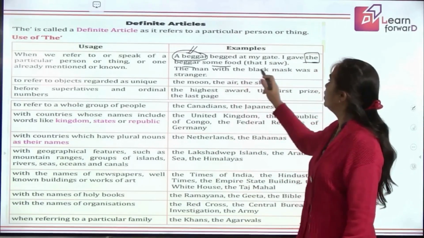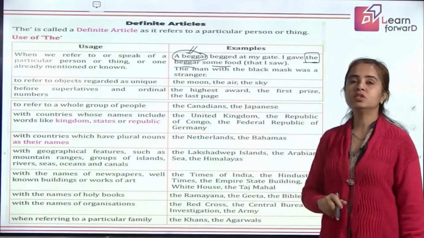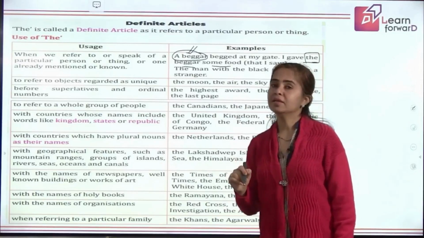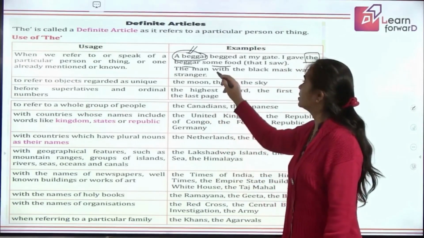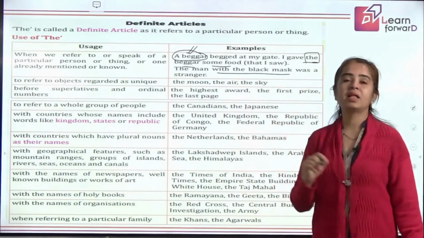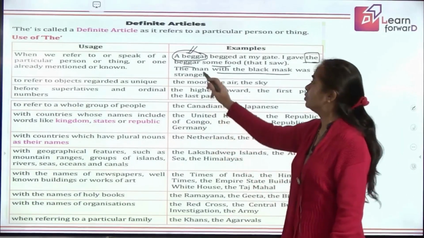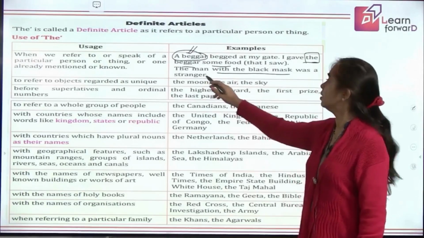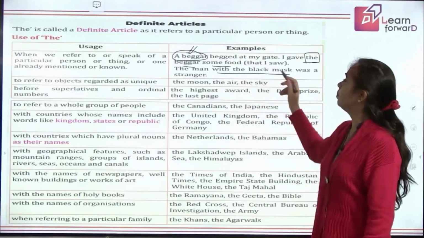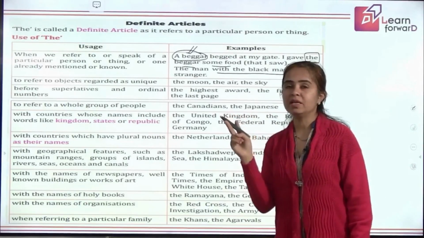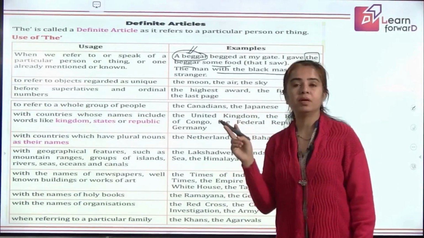The man with the black mask was a stranger. Now here, this is not referred to earlier, but I am giving the description, so I am making that man particular. Which man am I talking about? I am talking about that particular man who was with the black mask. So now, am I not talking about a particular man?